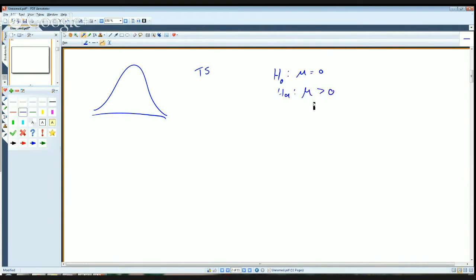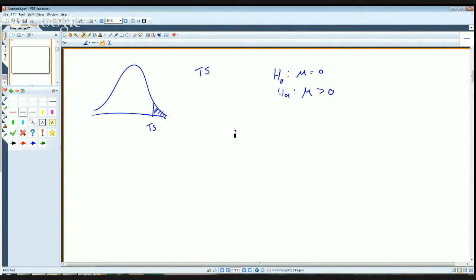Let's just put it 0 for a specific context. Okay, then you have your test statistic, and when you calculate, for example, your p-value, you want the probability of being at the test statistic or larger.